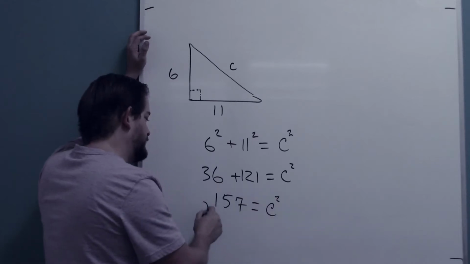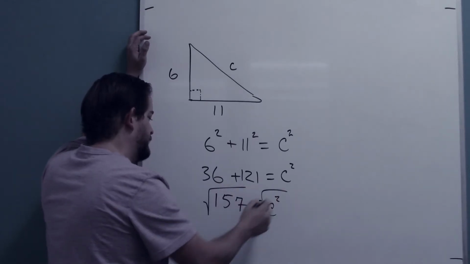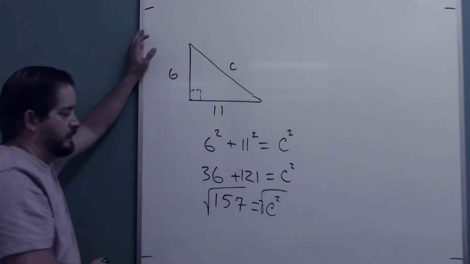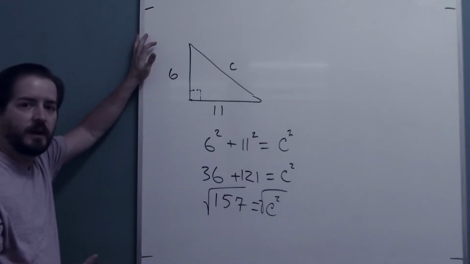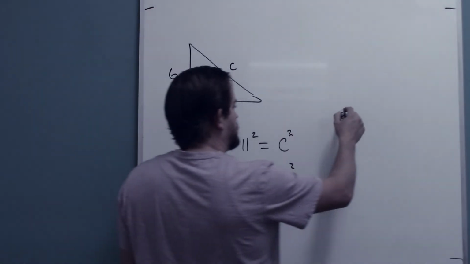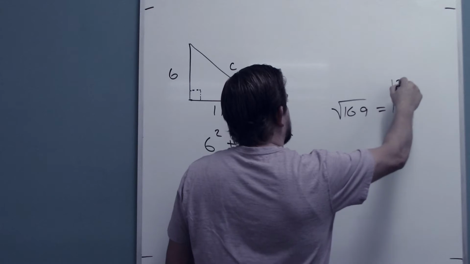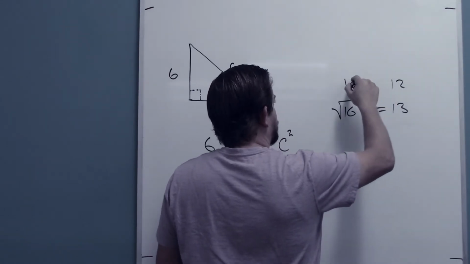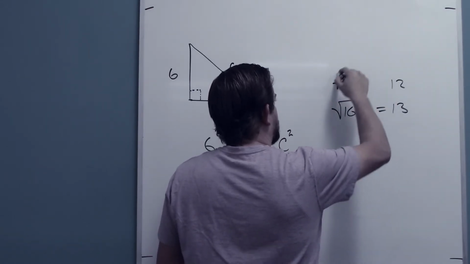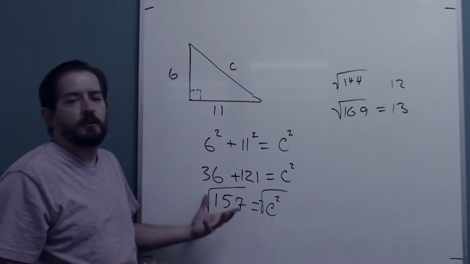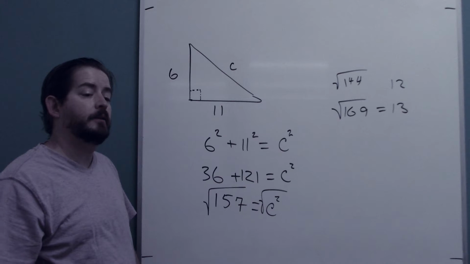If I square root each side, well, 157 is not anything squared, all right? And I would know that because I just did 169. The square root of 169 is 13. I know that the square of 12 is 144, and this is 157, somewhere between there, so this is 12 point something, I don't know.